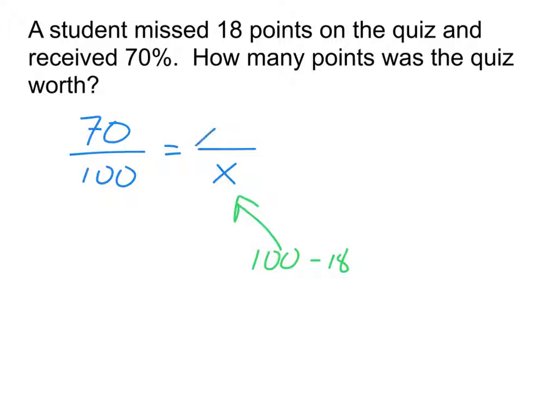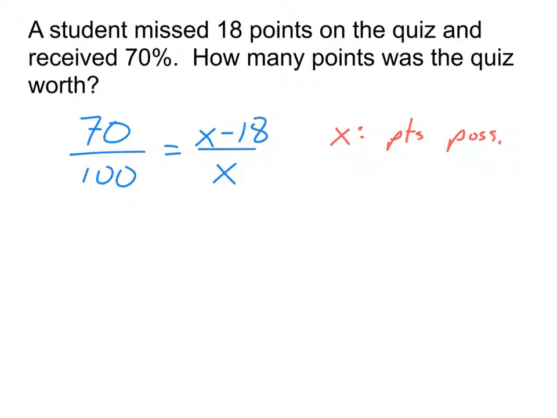But that means that I can actually write this as x minus 18 over x. Because I'm taking the total points possible, which is the x. Because remember, and it's always good to write this out if you get a little bit of trouble here, x is the points possible.